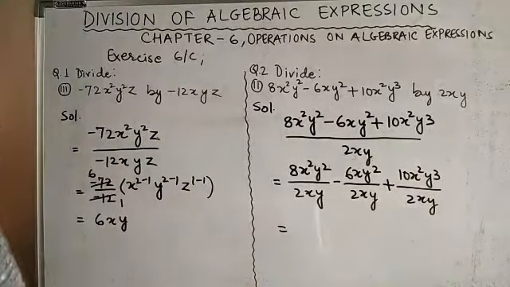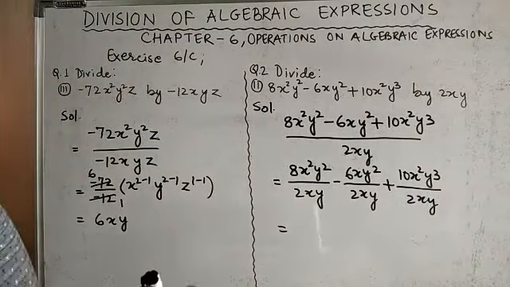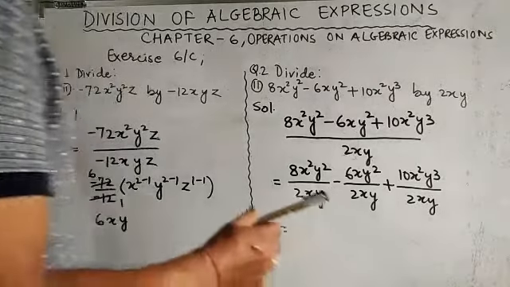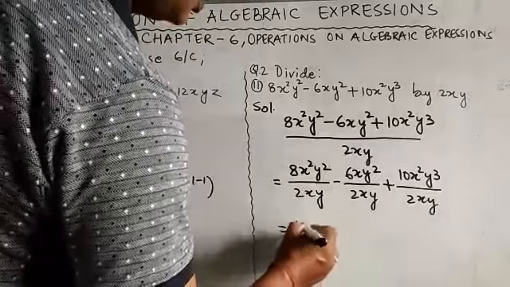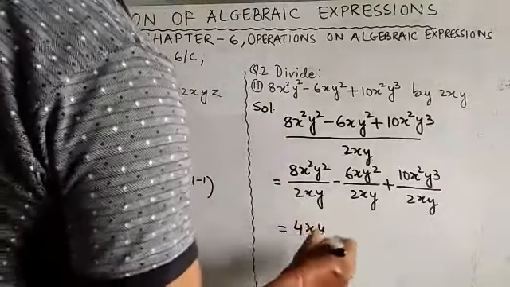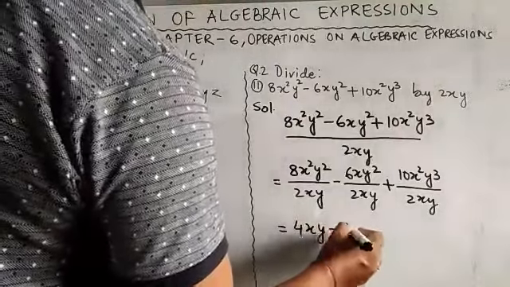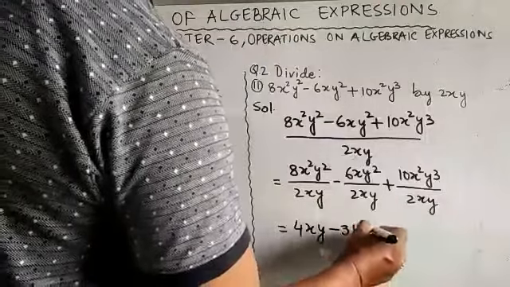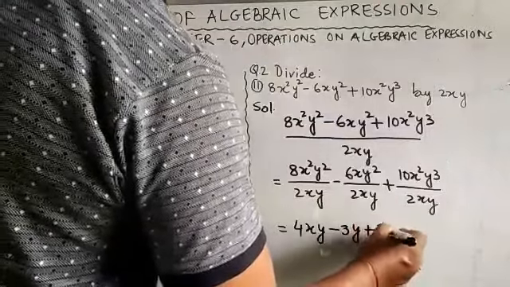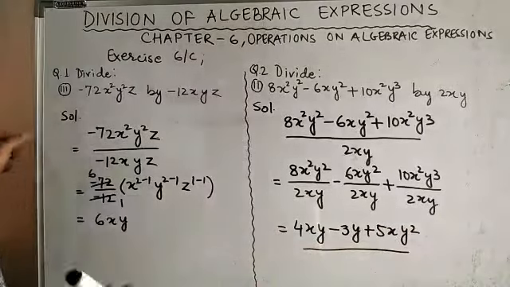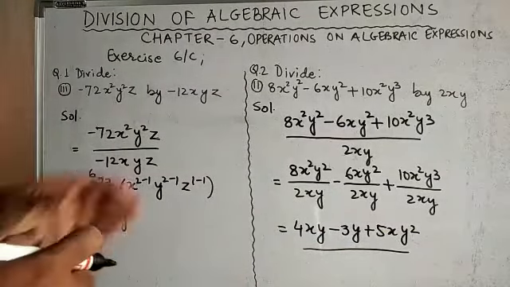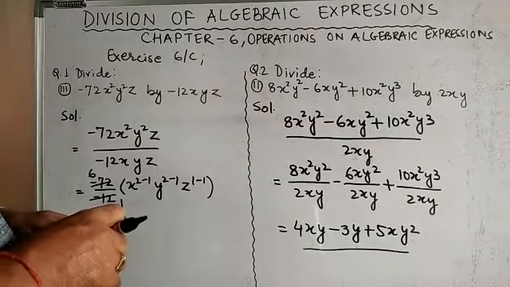Again by using the division of polynomial by monomial rules, that gives 4xy minus 3y plus 5xy square is the quotient for the given question.